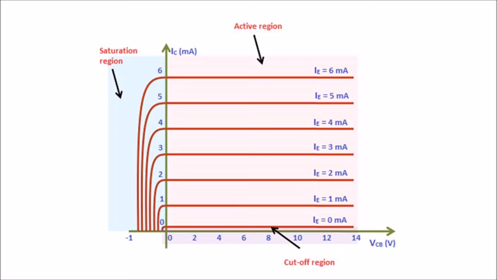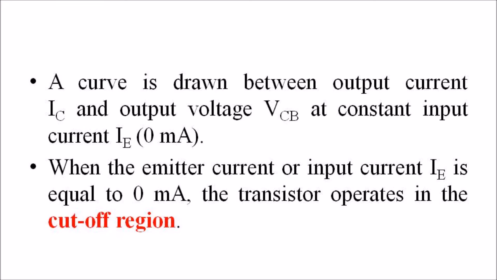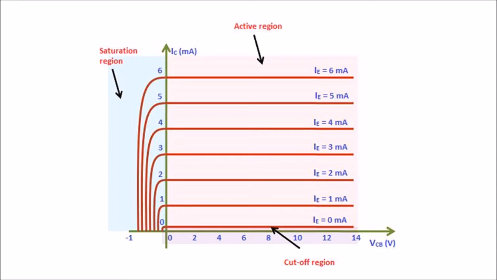A curve is then drawn between the output current IC and output voltage VCB at constant input current, that is IE equal to 0 milliamperes. When the emitter current or input current IE is equal to 0 milliampere, the transistor operates in the cutoff region.